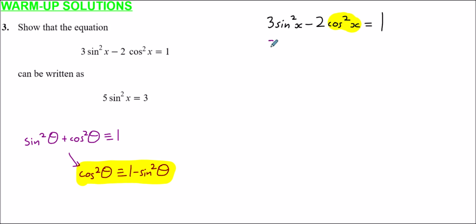So the next thing, we have 3 sine squared x minus 2, then brackets, 1 minus sine squared x equals 1.